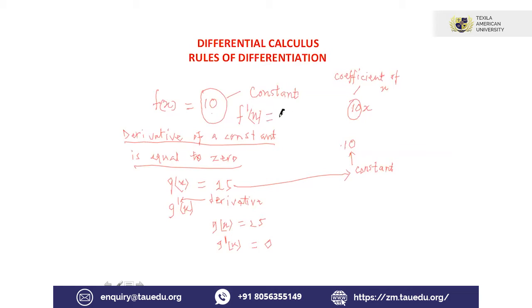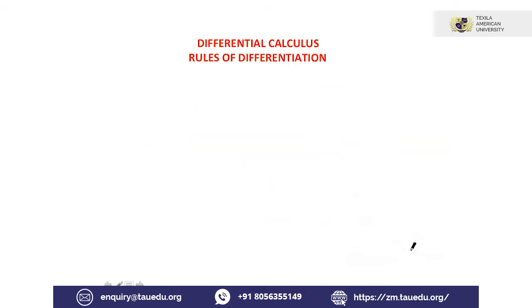Then 10 is a constant, so the derivative is 0. So that is one thing. I believe as I'm writing, you are also copying so that we can move on according to time. So that is what we call a derivative of a constant. Anytime you have the derivative of a constant, obviously the answer is equal to 0.